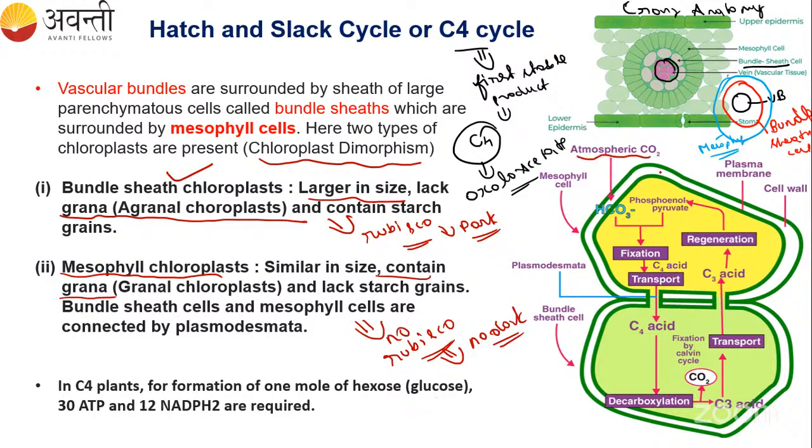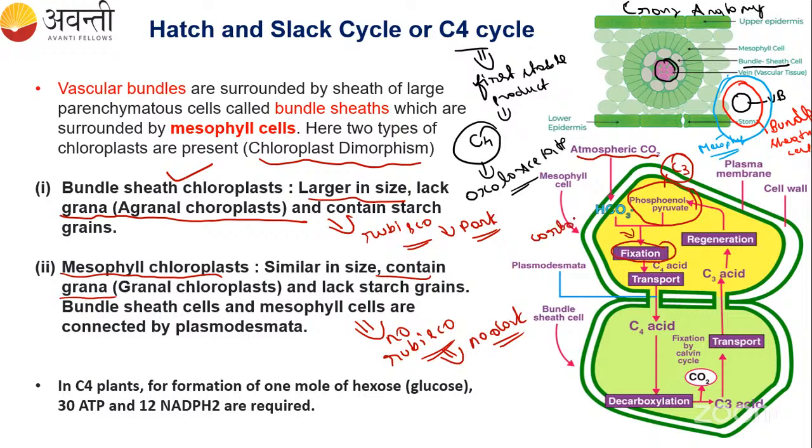The atmospheric carbon dioxide is taken up by the 3 carbon compound, phosphoenol pyruvate. This carbon dioxide is dissolved in water, then converted into bicarbonate. It is accepted by the phosphoenol pyruvate and fixed. This is called carboxylation.